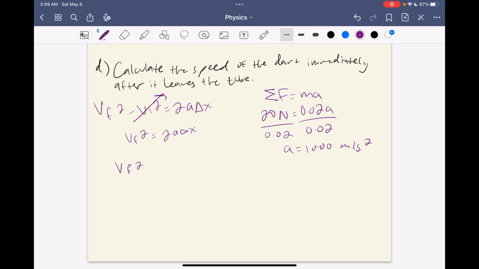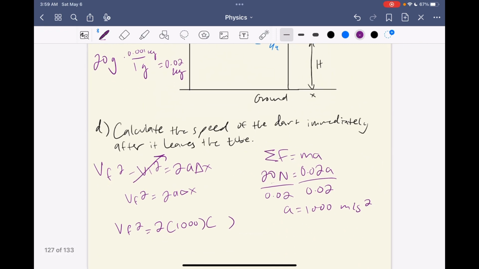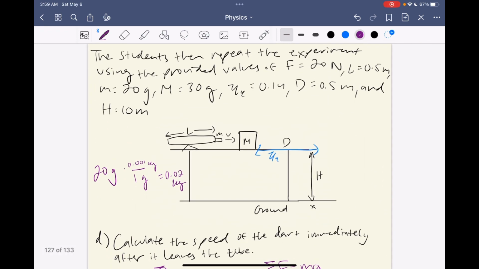So VF squared equals 2 times 1,000, and the delta x would be the length of the tube. And I meant the length of the dart. The length of the dart is 0.5 meters.